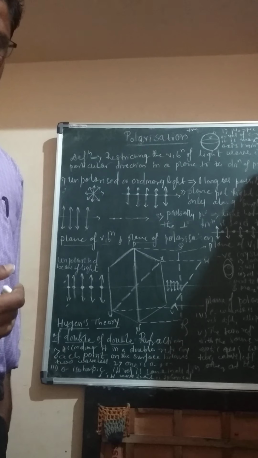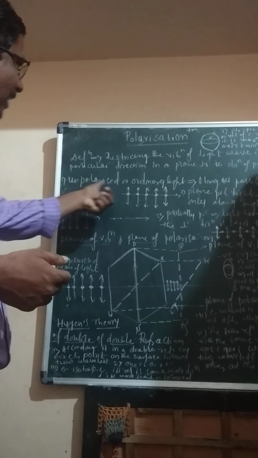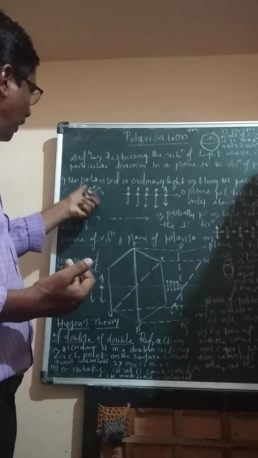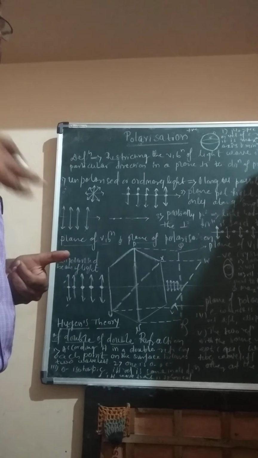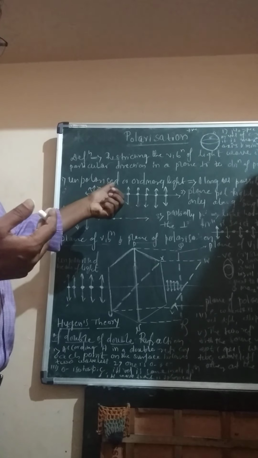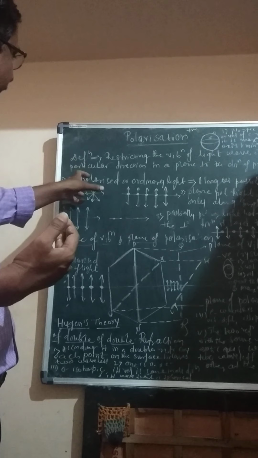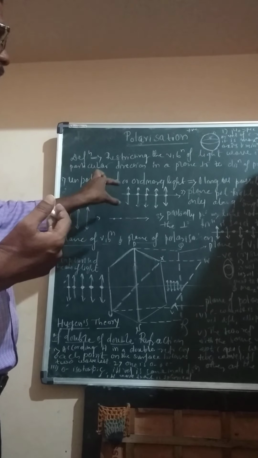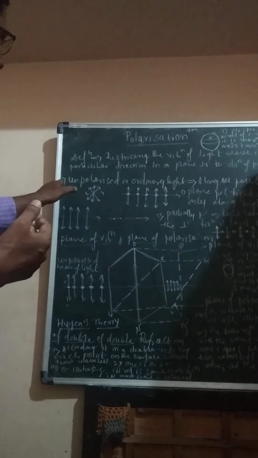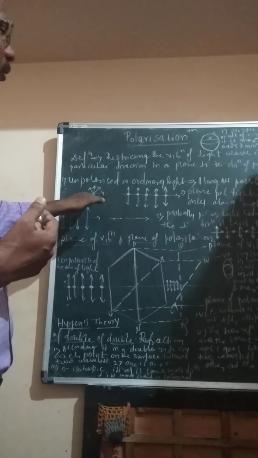When you say that light is unpolarized, the light wave has vibrations along all possible straight lines in a plane perpendicular to the direction of propagation of light. This is the geometrical representation of unpolarized light.